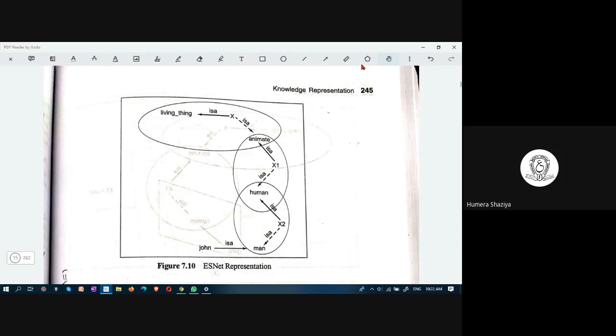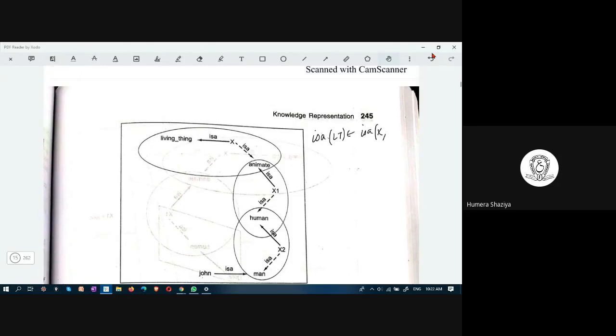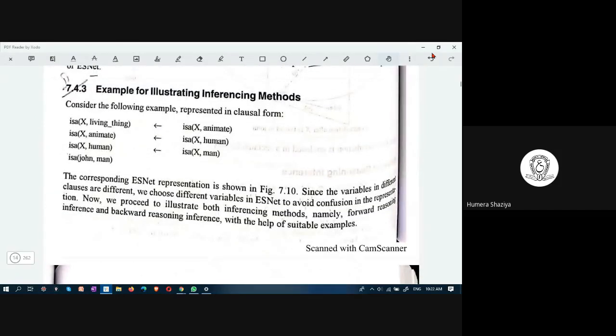How did we get this? X is a living thing implied by is a, first it is a living thing, animate.